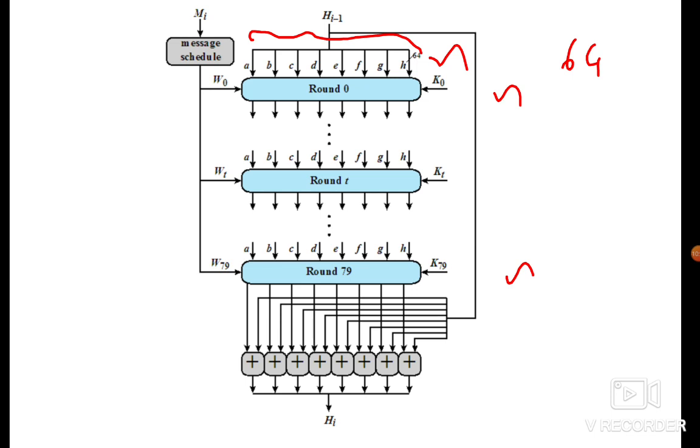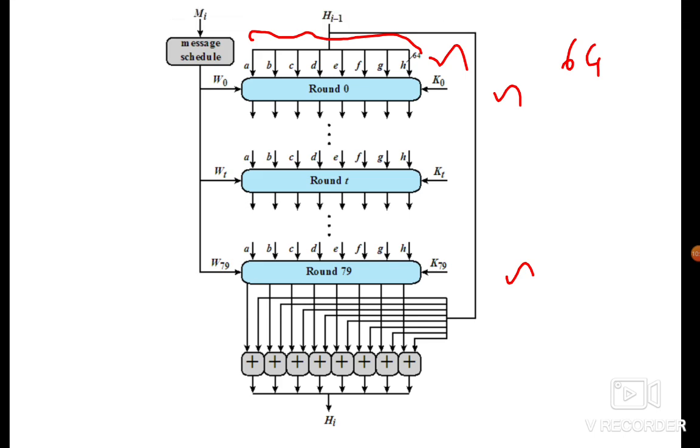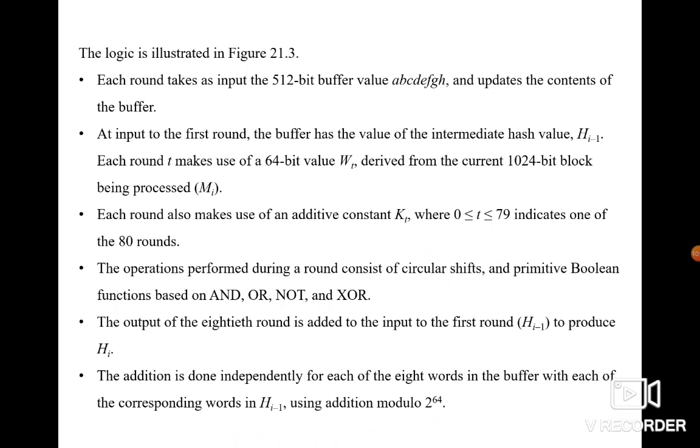For a particular round we have the message block. From that message block you have to obtain 80 words, named W0, W1 up to W79. Along with the previous hash value and the message word, you have to supply the key constant also. The key constant is also distinct for each and every round.